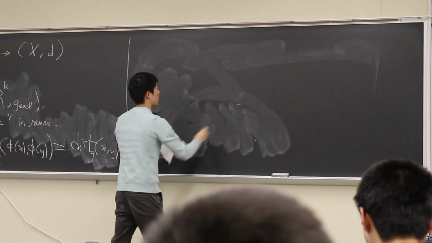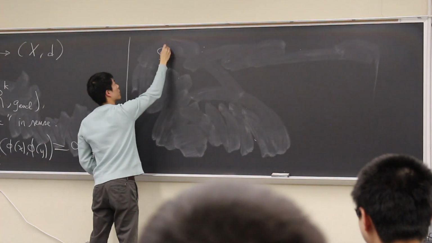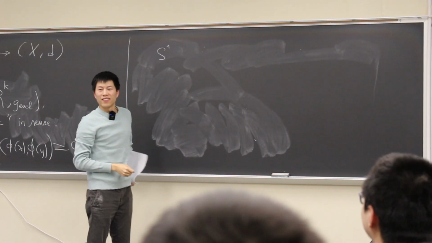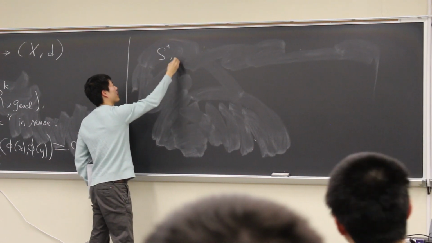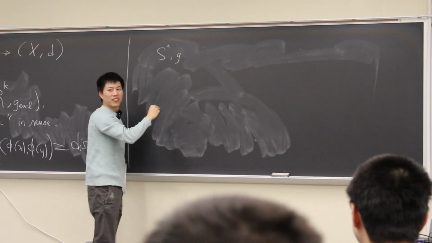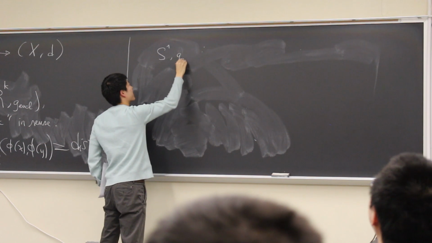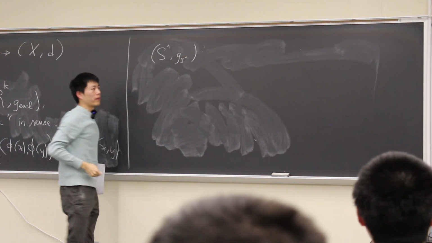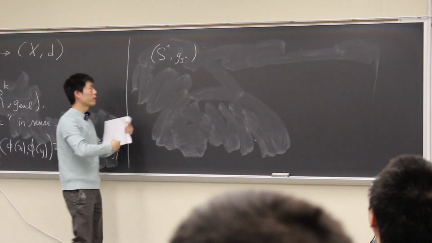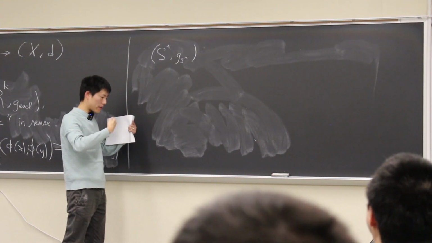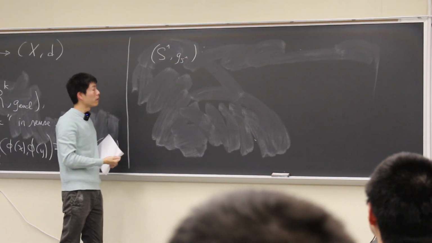So let's look at the usual round S1. This is a circle, but you have to think of it as just an abstract manifold with an abstract Riemannian metric.